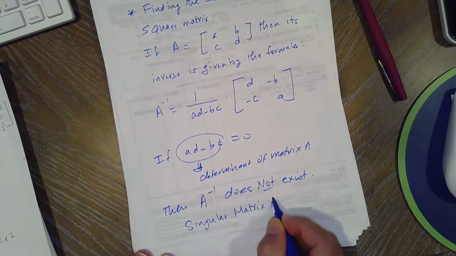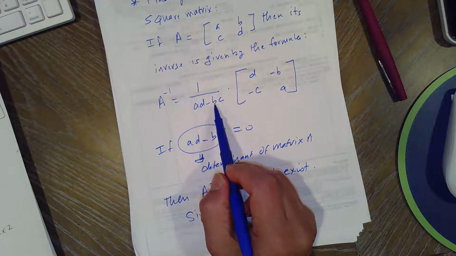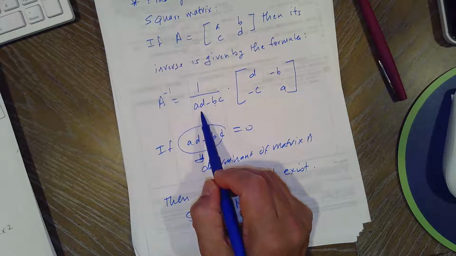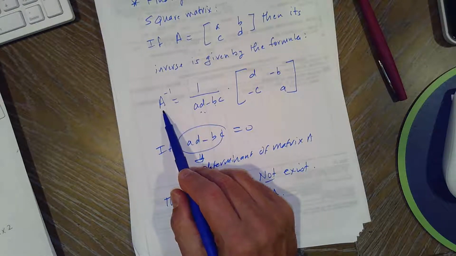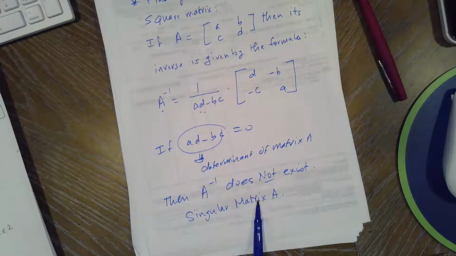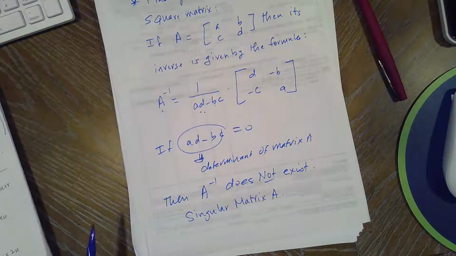Singular matrix A, meaning matrix A has no inverse. Okay? If when you do 1 over AD minus BC you get 1 over 0, that's undefined. That's automatically saying the inverse does not exist. And the matrix A is singular because it doesn't have an inverse. If it has an inverse, it's called non-singular. Okay?